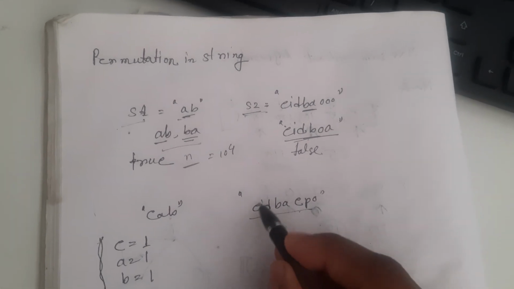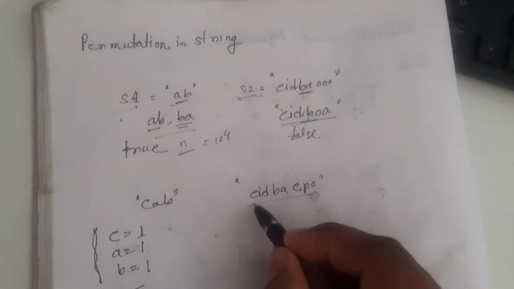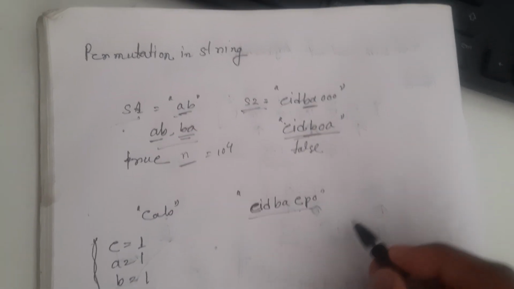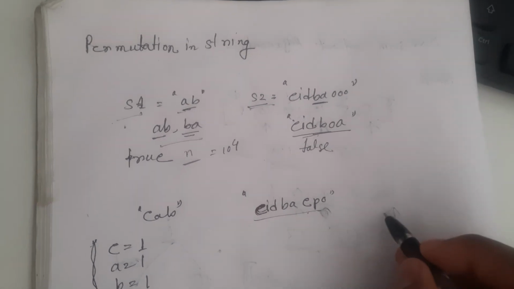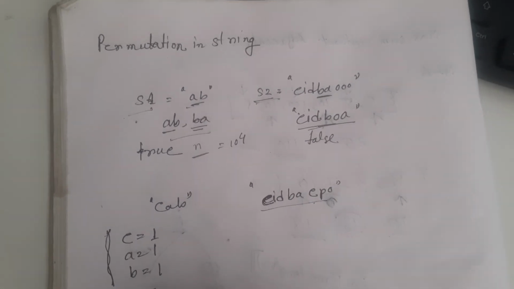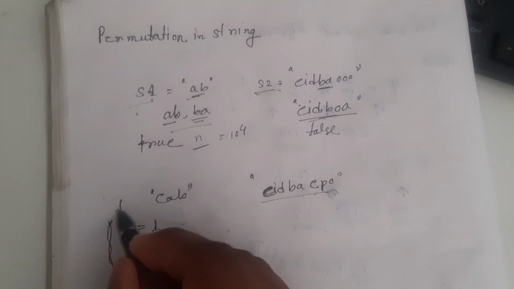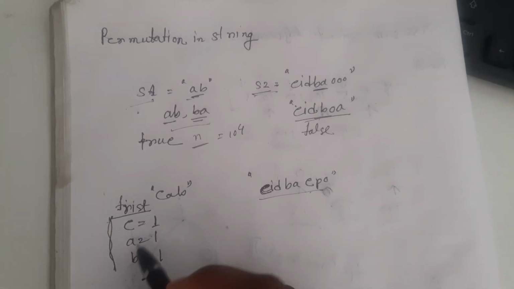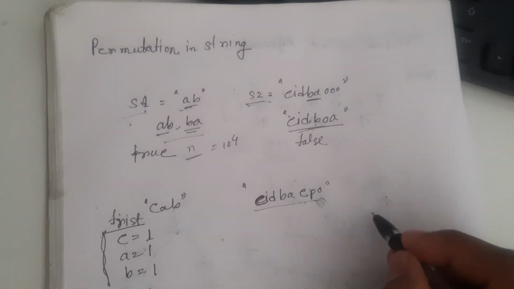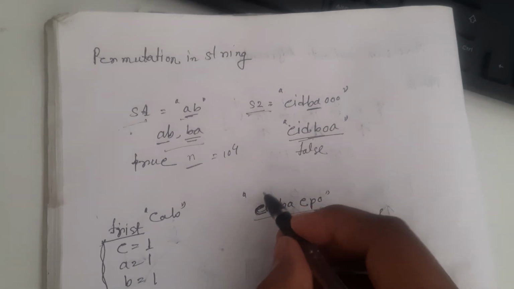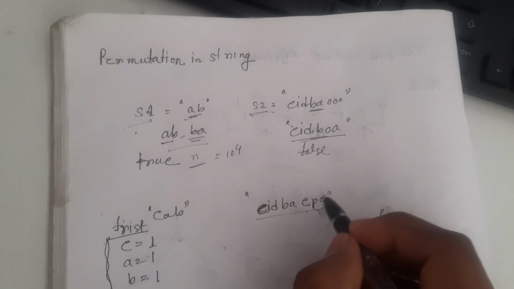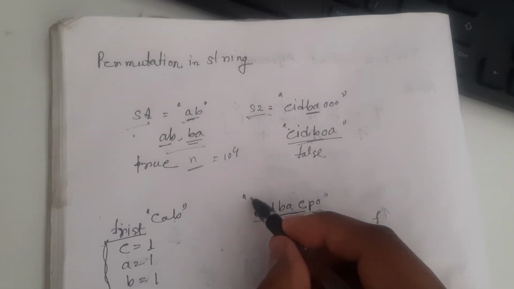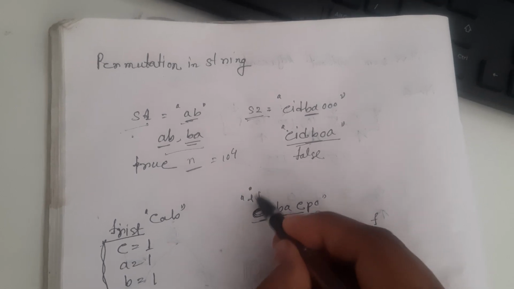We start with the first position, where we get E. But E is not present in the first frequency array, so we will not add the frequency. Then we need two pointers, because we need to check the substring. We start with i here and j here as well.